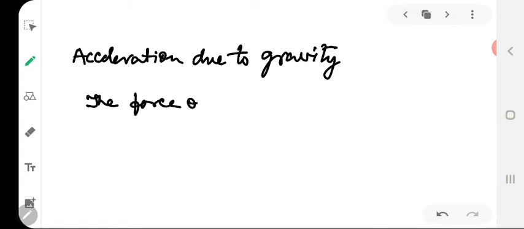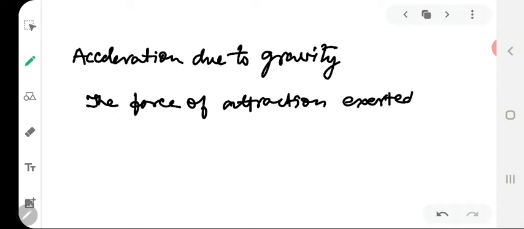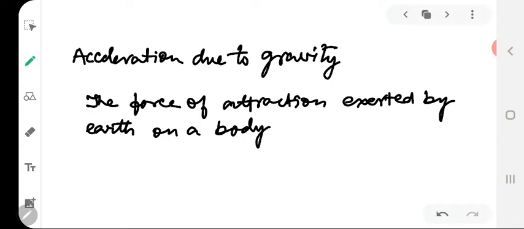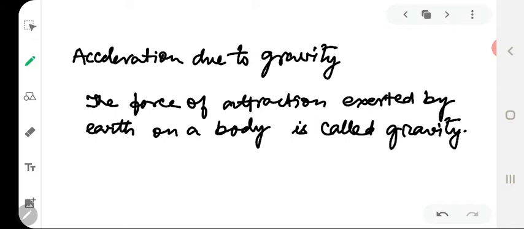The force of attraction exerted by Earth on a body is called the gravitational pull or gravity. We know that when force acts on a body, it produces acceleration.